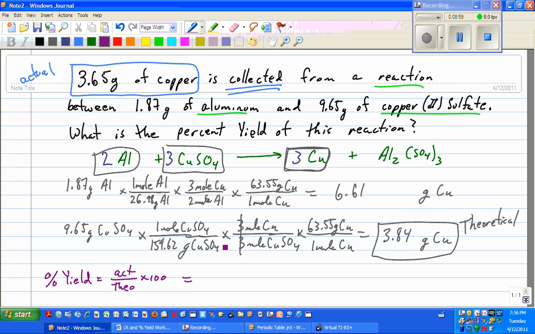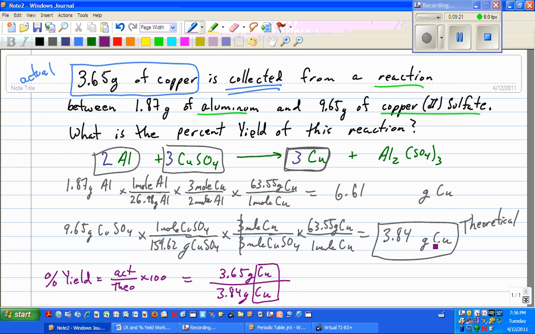In this case, my actual is 3.65 grams of copper divided by 3.84 grams of copper. Notice both are copper.